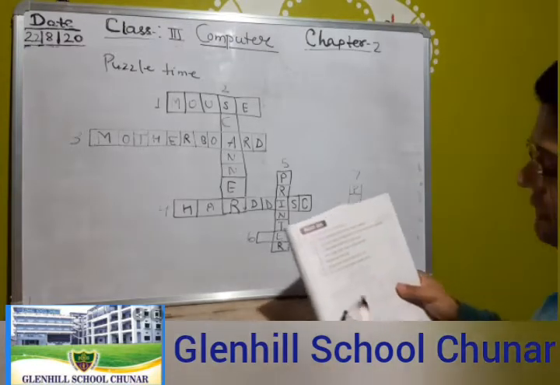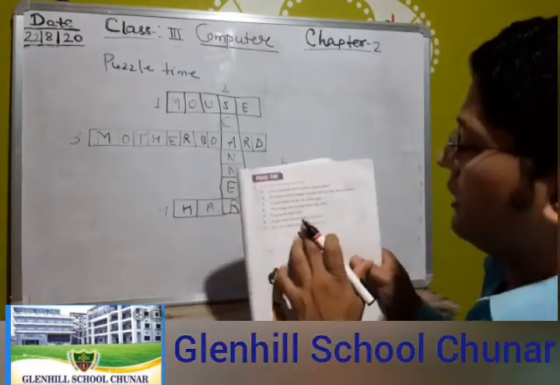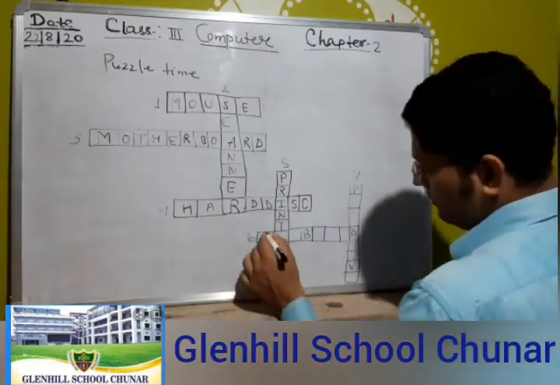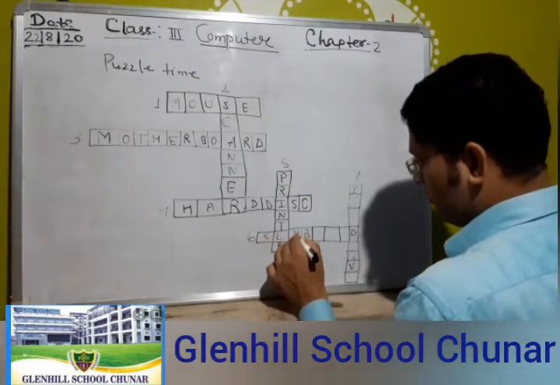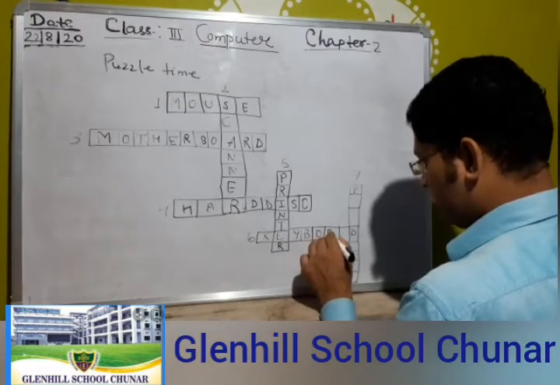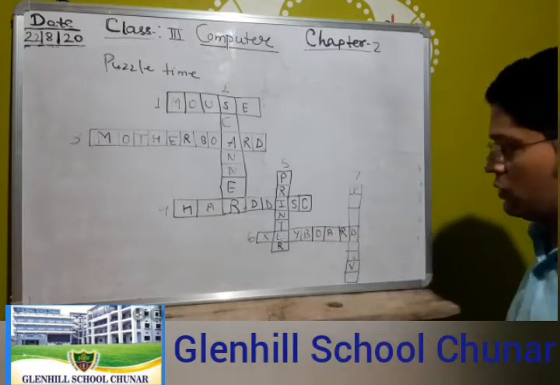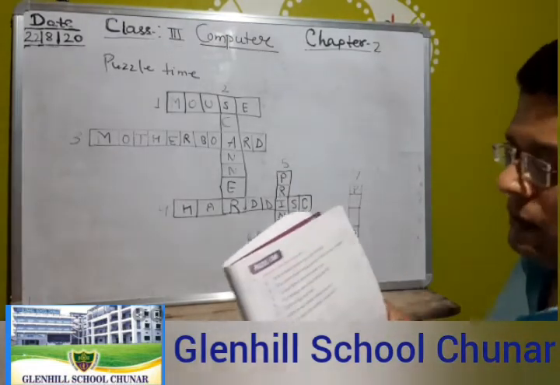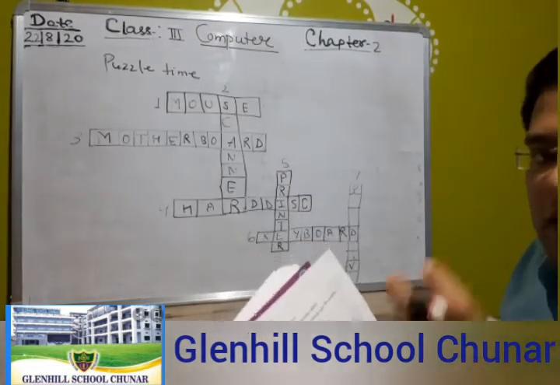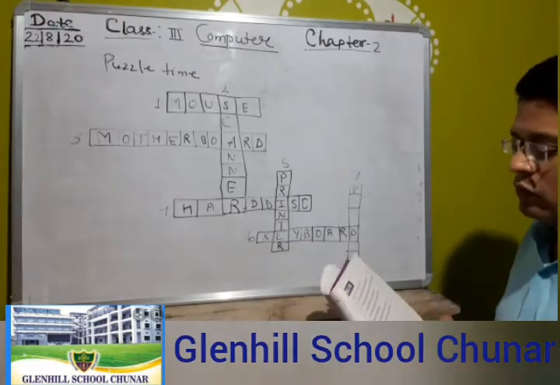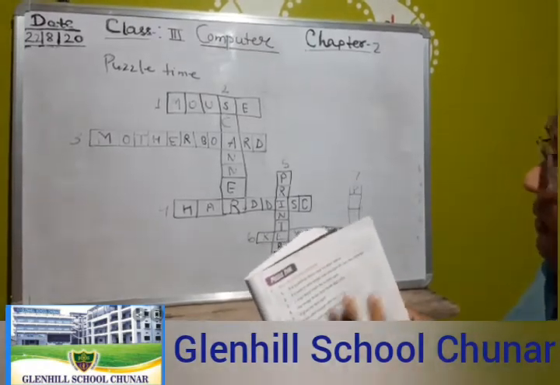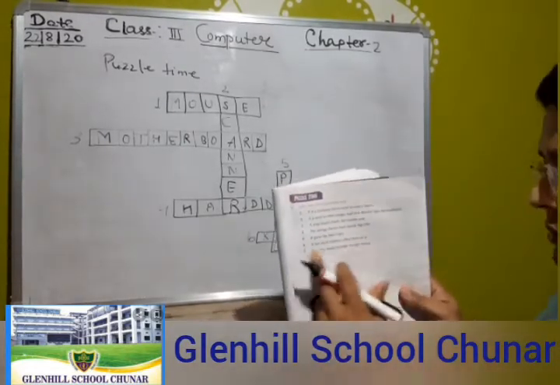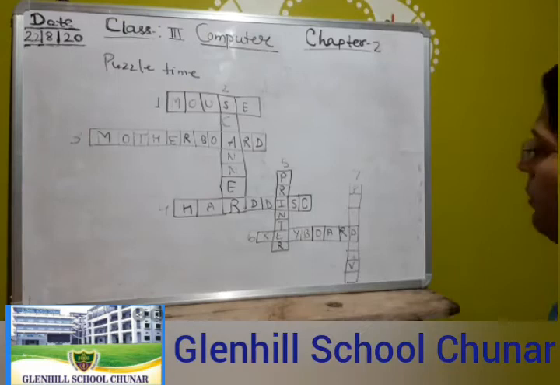Okay. And sixth question, it has small buttons called keys on it. So that's keyboard. Okay, student? Keyboard has small buttons called keys on it. And the last question of this crossword, it is a very small portable device.